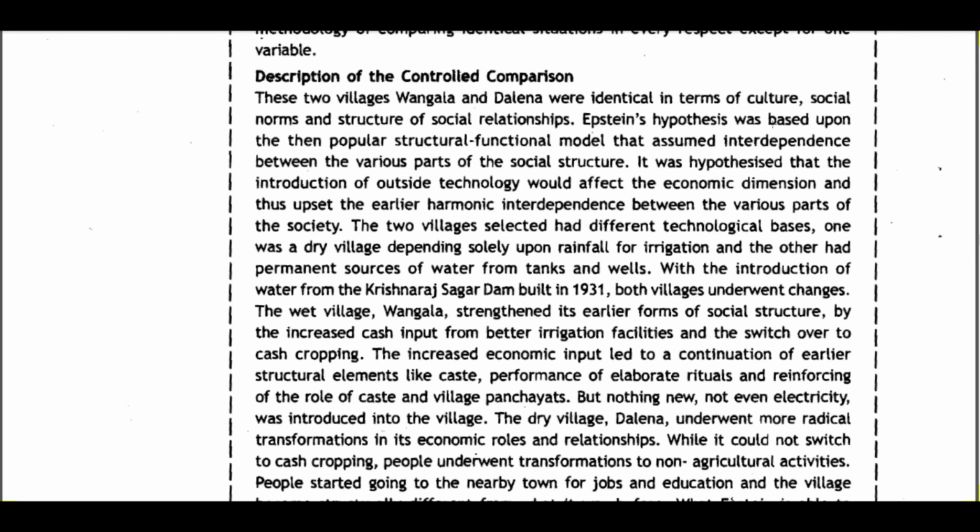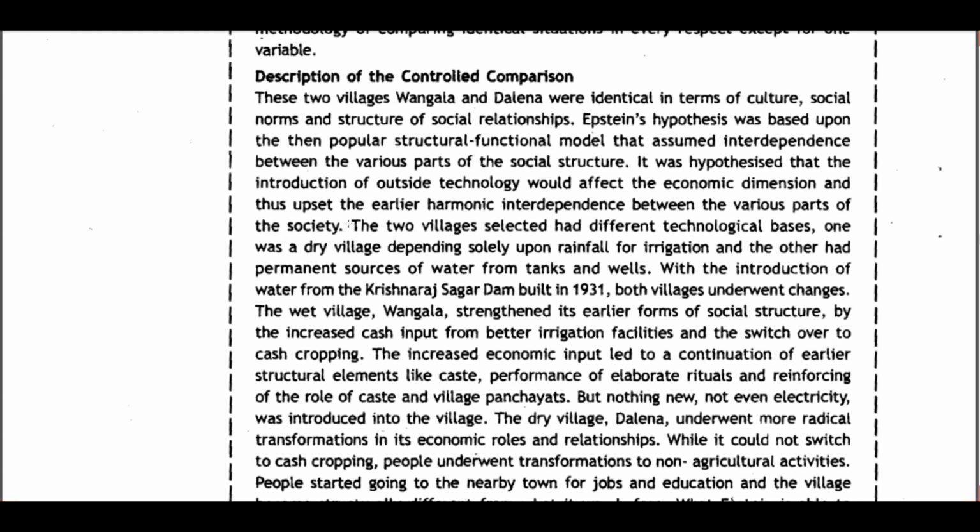Epstein's hypothesis was based upon the then popular structural functional model that assumed the interdependence between the various parts of the social structure. It was a hypothesis that the introduction of outside technology would affect the economic dimensions and thus upset the earlier harmonic interdependence between the various parts of the society.